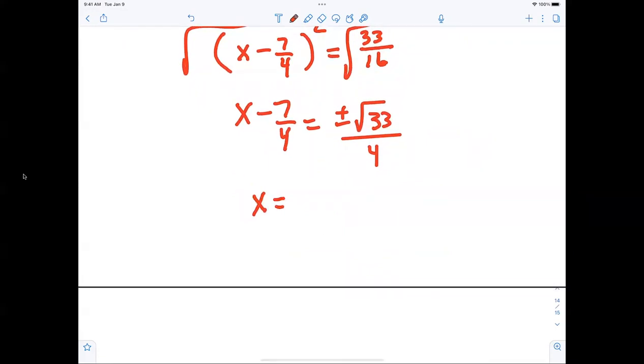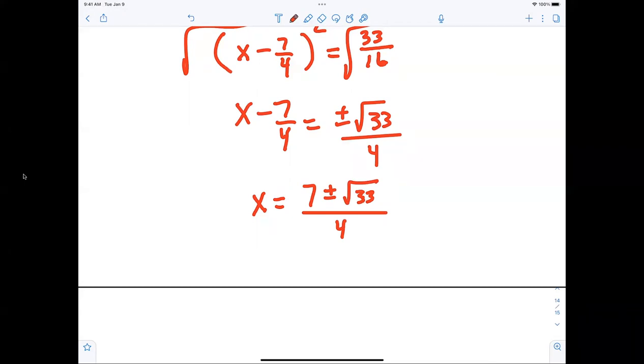So x is equal to what? 7 plus or minus square root of 33 all over what? Now notice I can combine the fractions because they have a common denominator, right? Notice I put the 7/4 in front of the square root. If you put it after, it's not a big deal, but traditionally you put the rational before the irrational.